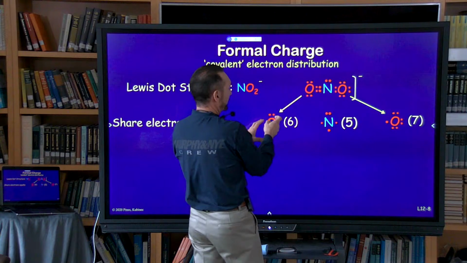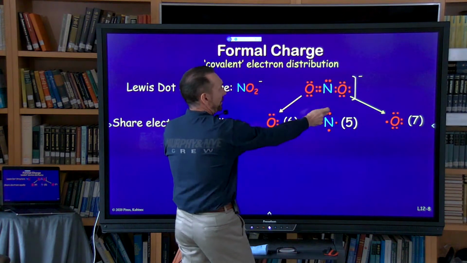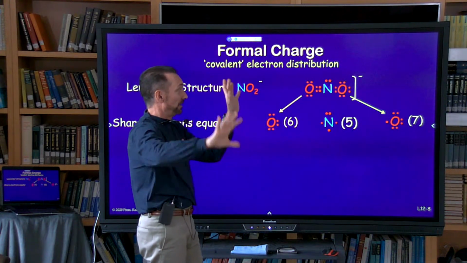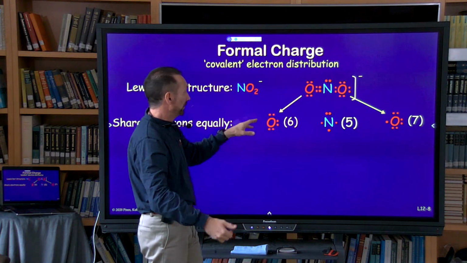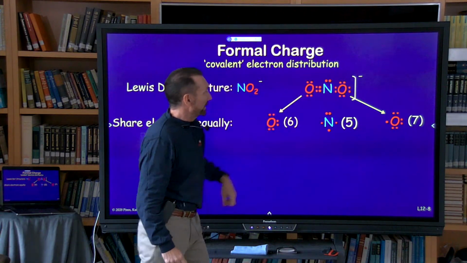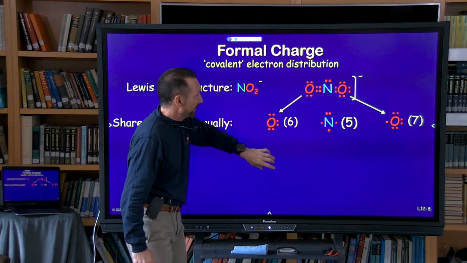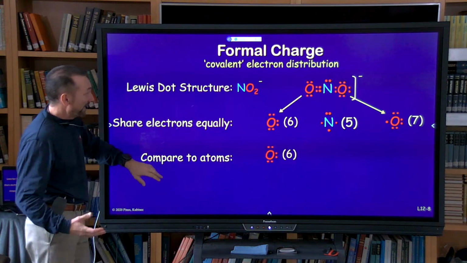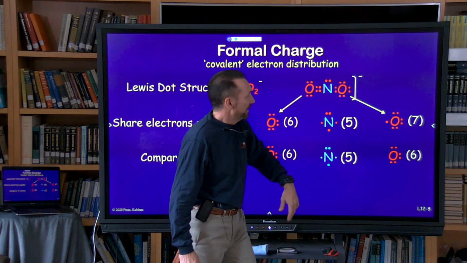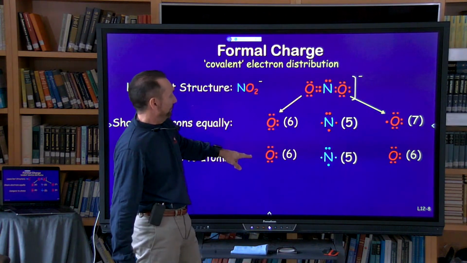It's just a formalism. You pull it apart, share all the bonding electrons equally, and then you compare that arrangement to what it would be on the atom.